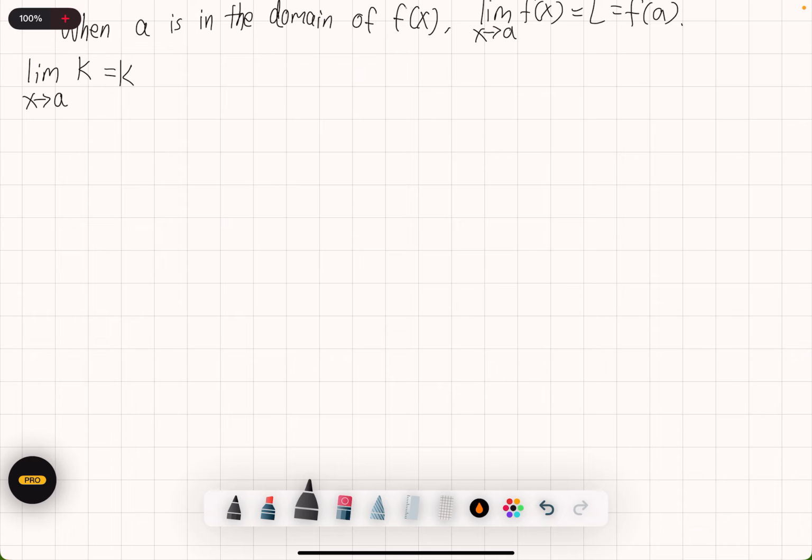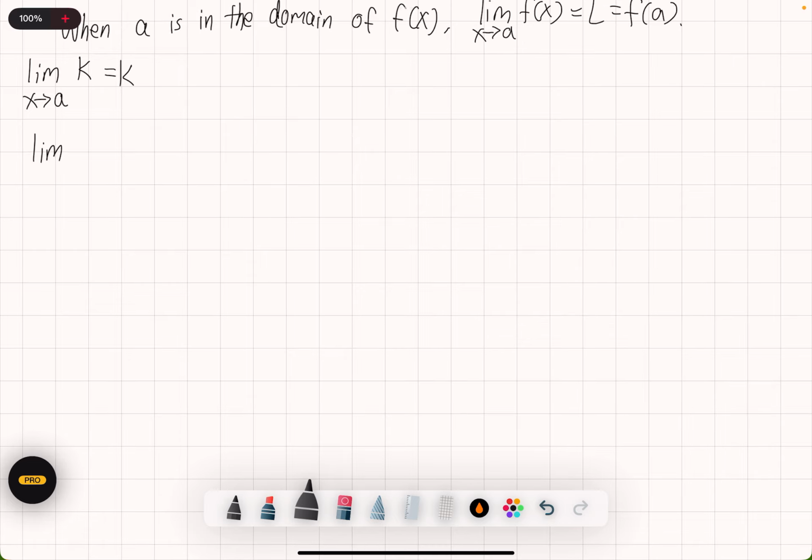The second property we have is that the limit as x approaches a of k times f of x is k times the limit as x approaches a of f of x.